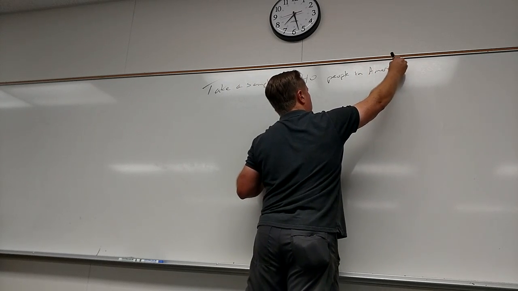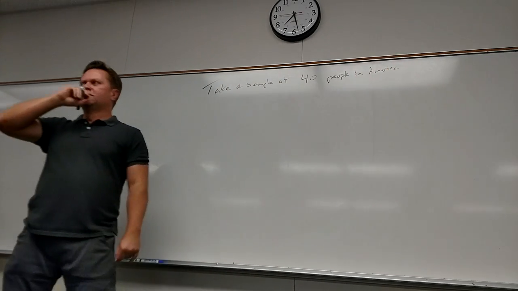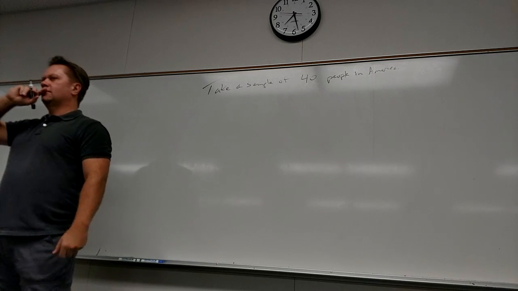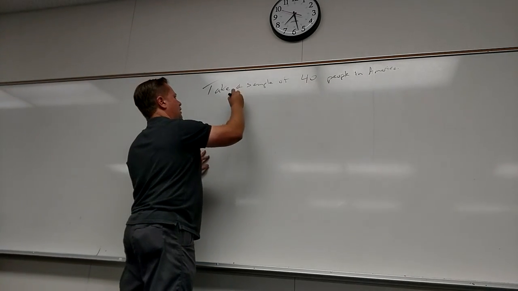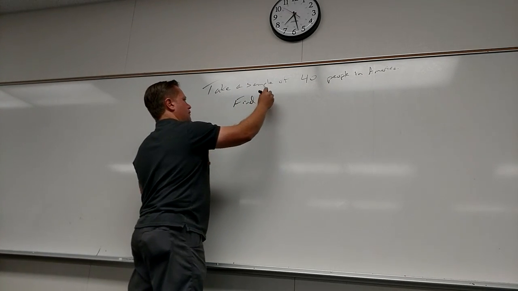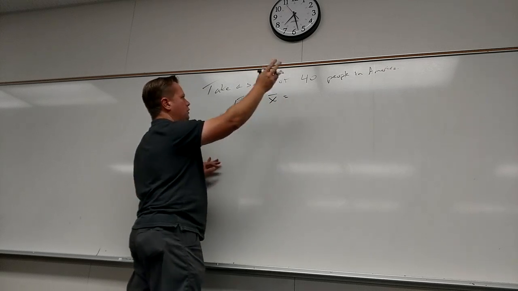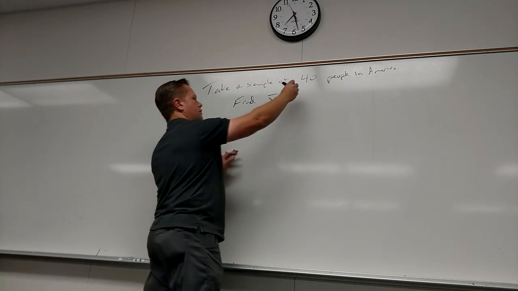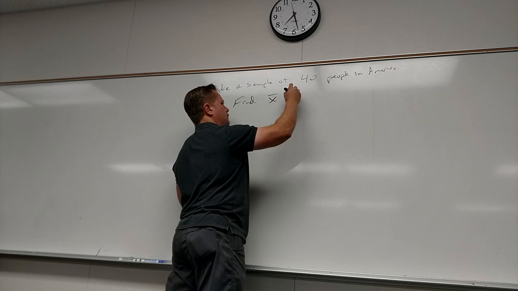You could have just said Americans, Jeff. I know. And we find the sample mean age is, what do you got, Jeff? I don't know, 40.2.